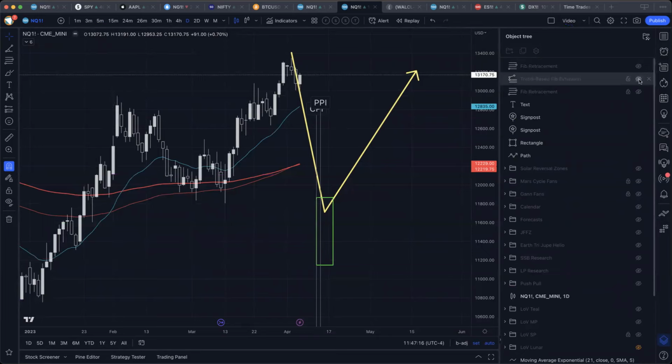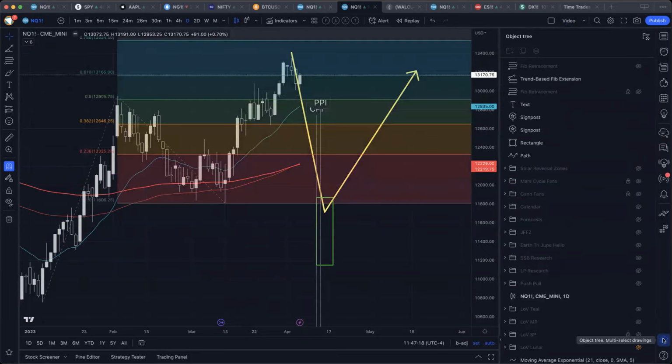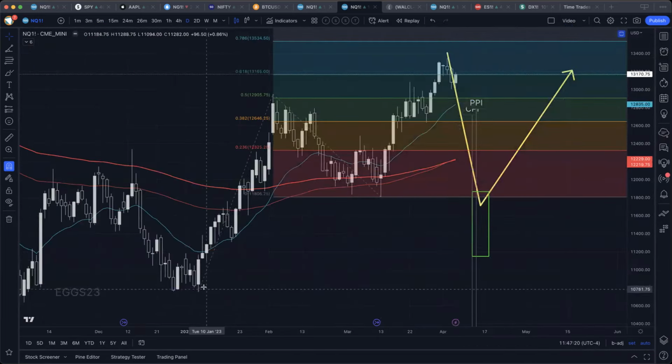If we hide that and use a fib extension, which is when you take this first leg and apply the Fibonacci extensions to the start of this correction down at about 11,800, we can see that we got up around 618 of the price range of this first leg.